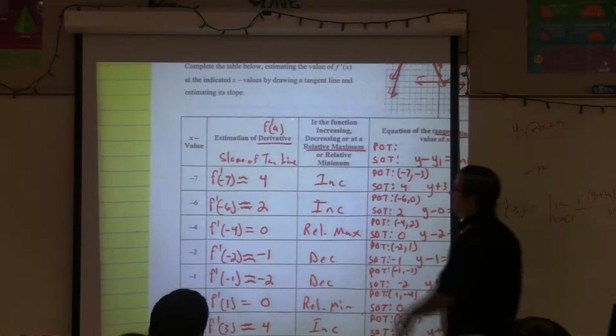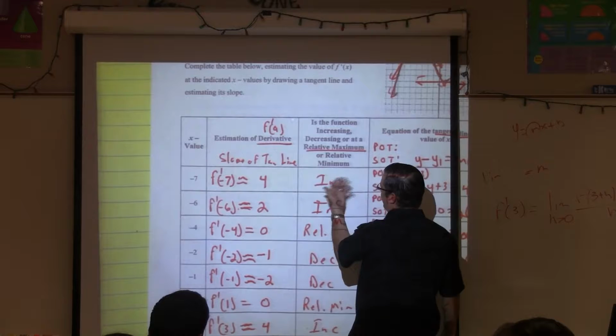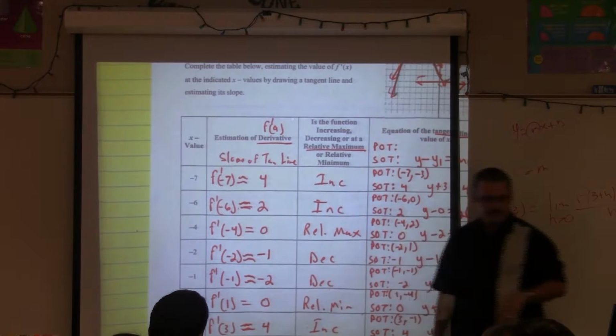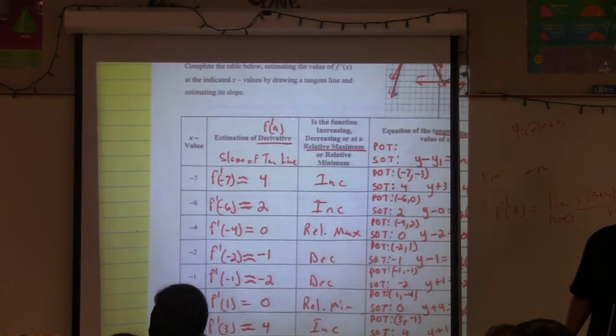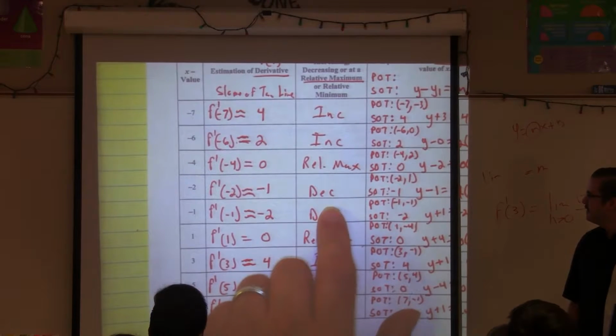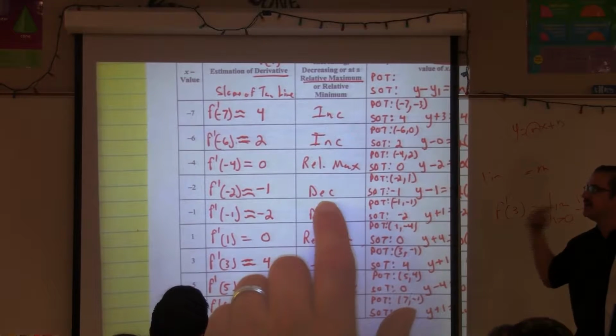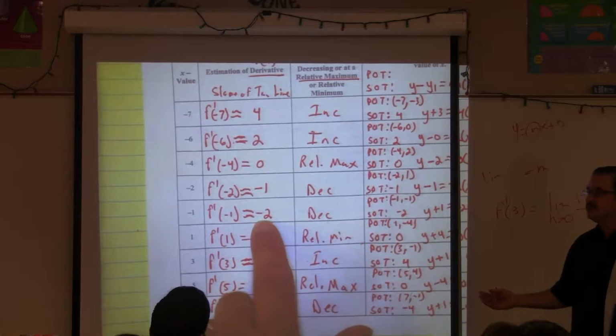Increasing, right? So you can say the graph is increasing or f is increasing because the derivatives are positive. When was it decreasing? When they're negative. So the function is decreasing because the derivatives are negative numbers.